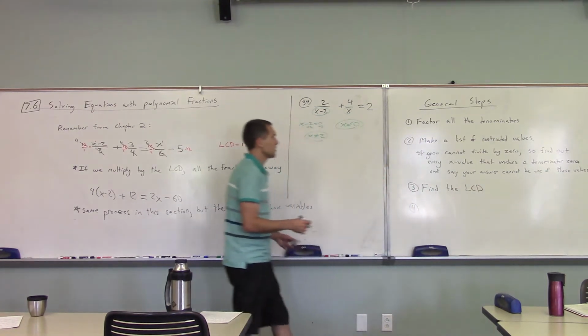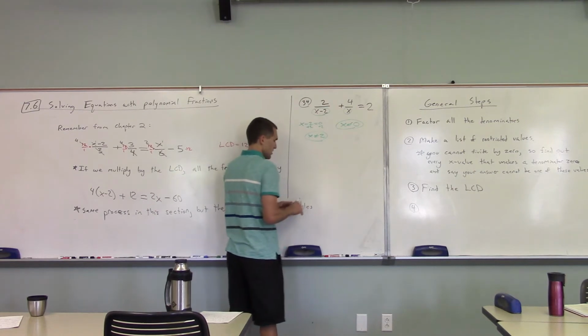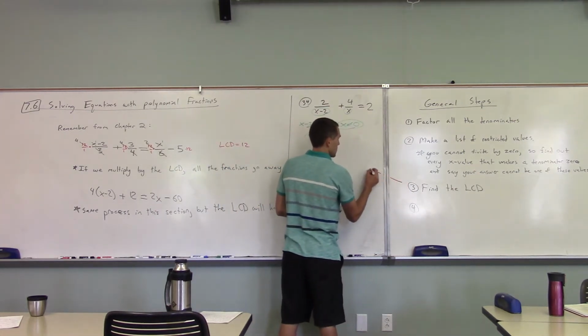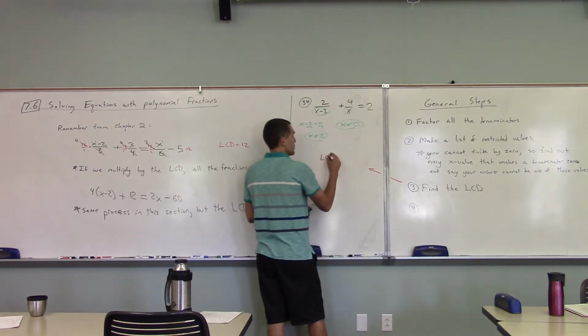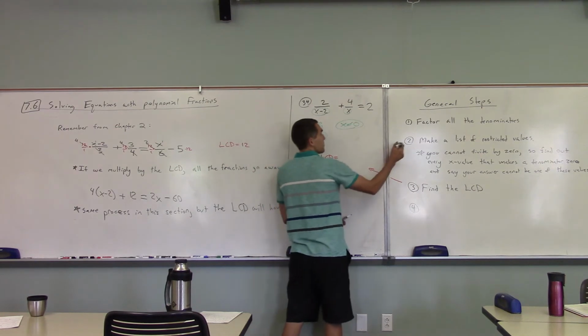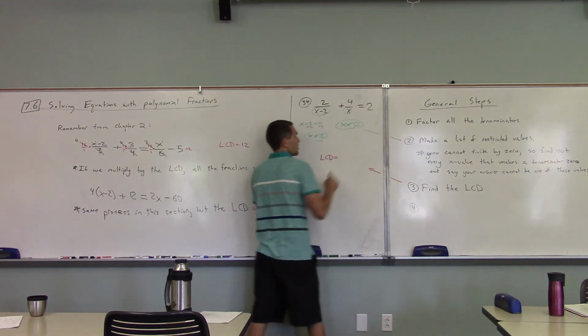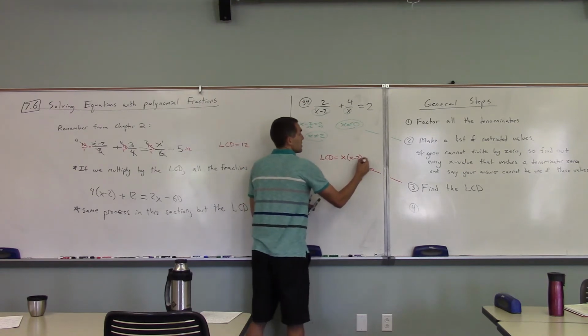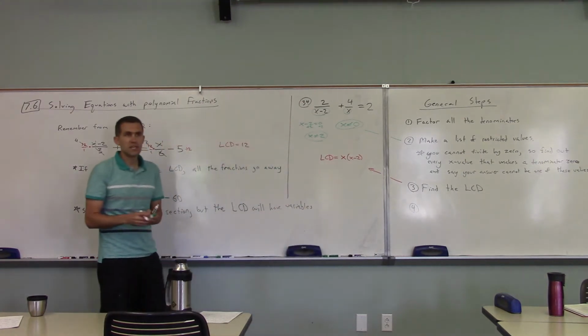Once we have the LCD, what do we do? So what's the LCD here? Yeah, multiply. Okay, so the LCD is x times x minus 2. We did it, we got it.